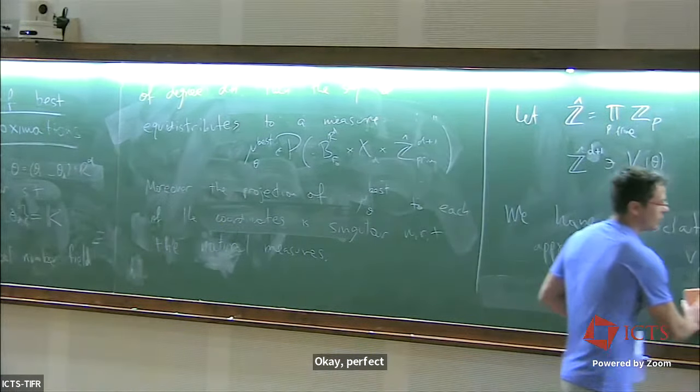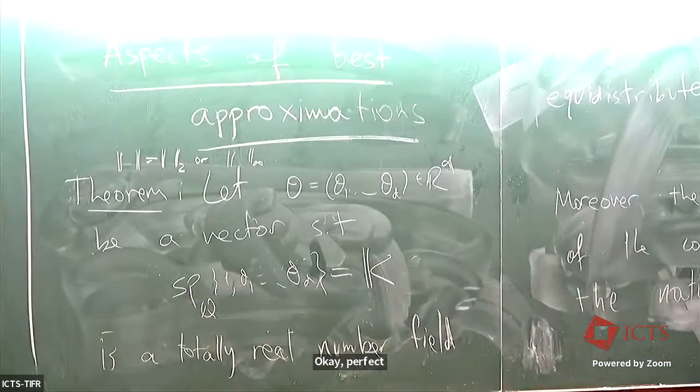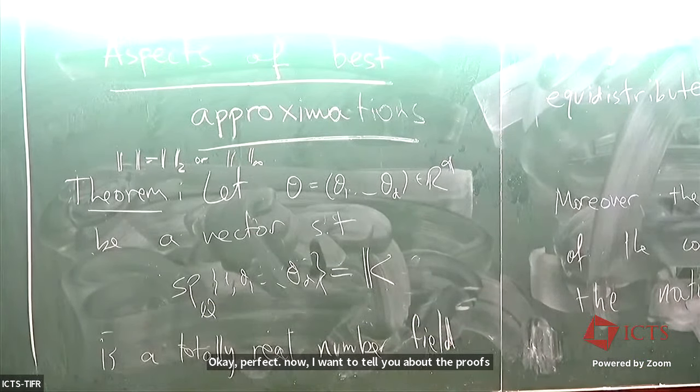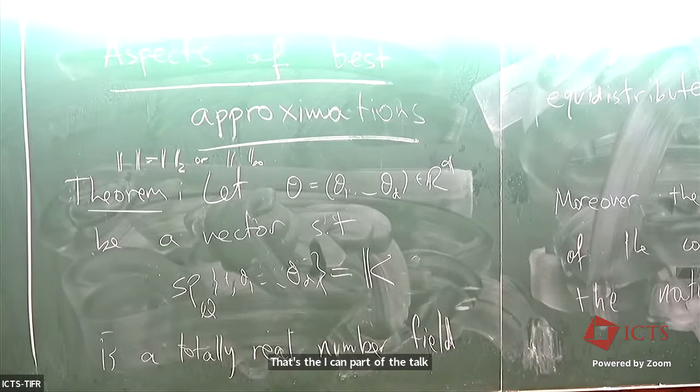Now I want to tell you about the proofs. So that's the second part of the talk. For almost any theta, each projection is absolutely continuous. And for that one, it's supported on some manifold.